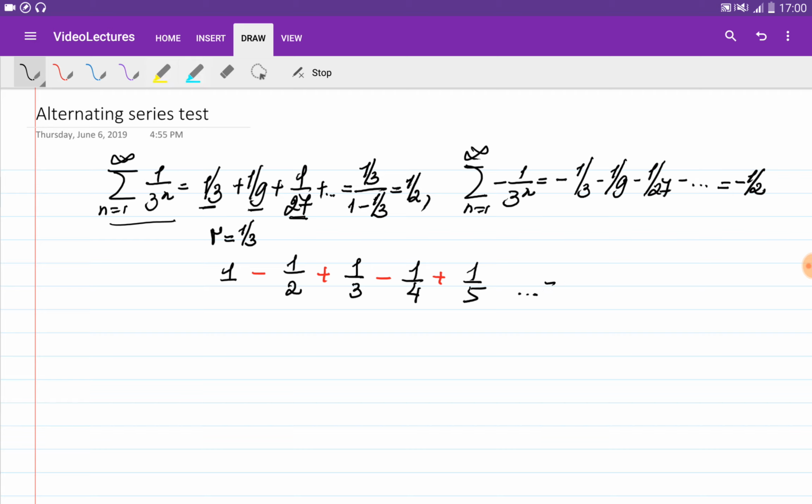In the general form, we can write this as the summation, n goes from 1 to infinity, of minus 1 to the power of n plus 1 multiplied by 1 over n. When the signs of the terms of the series are alternating, this kind of series is called an alternating series.